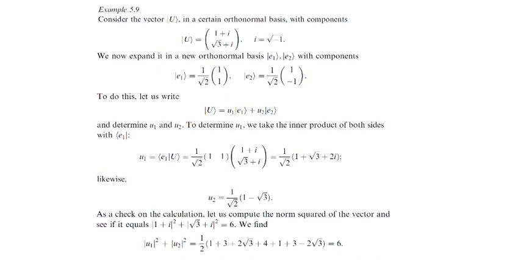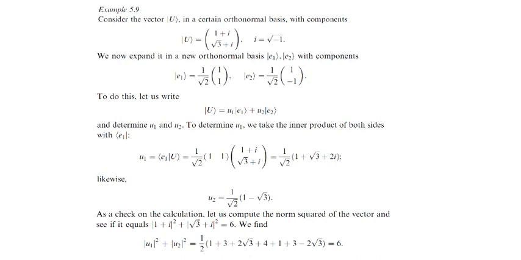If we take inner product on both sides with vector e1, with the conjugate vector e1, then on your left hand side you will have e1 times u, and this term would be u1 times scalar product of e1 with e1, which is nothing but 1.